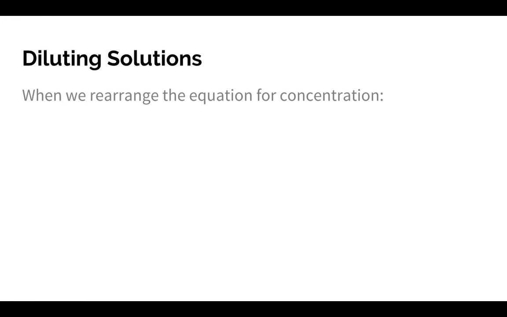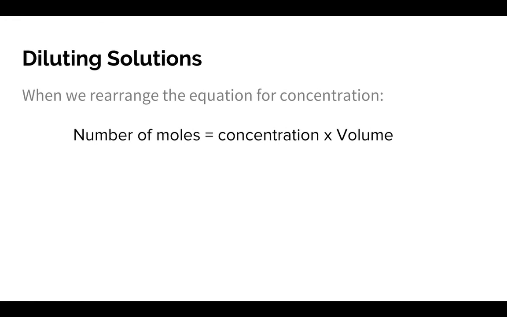When we rearrange the equation for concentration, as we have done earlier, the number of moles is equal to concentration times volume, or n equals CV. Therefore, if n equals CV, we know that n1 equals n2.